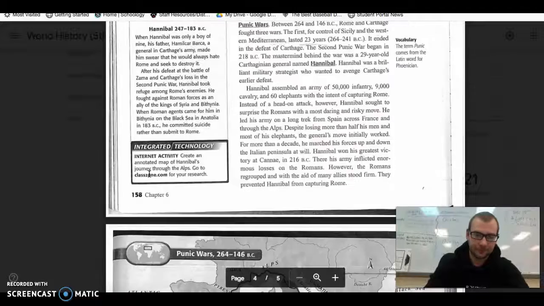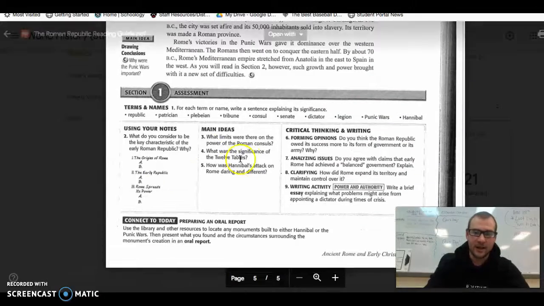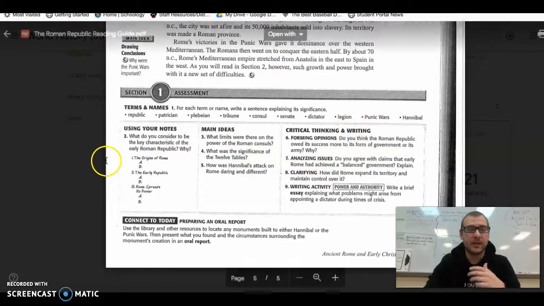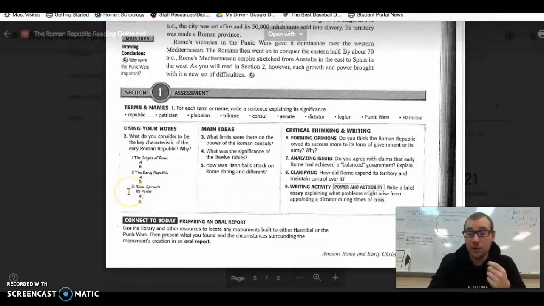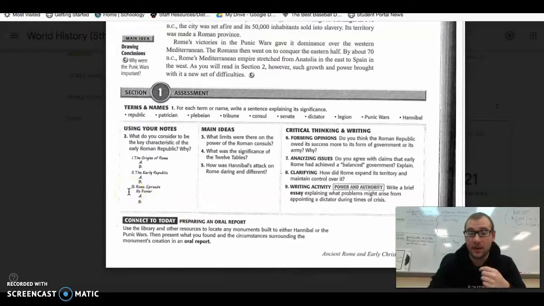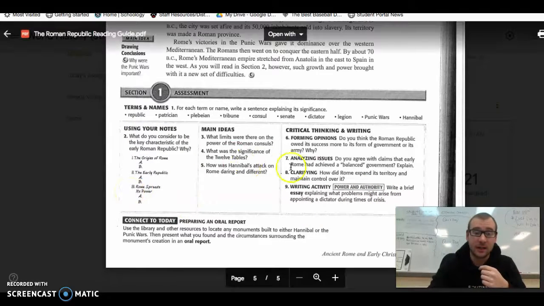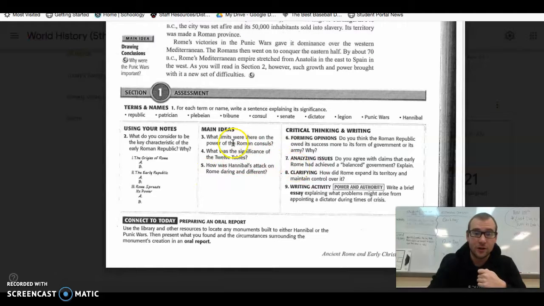So go through it, read it, and then you just got to answer the questions on the back page. Now we always skip number 2, and we always skip number 9. There's a million different ways you can turn this in. The most common way is people just setting this up on a Google Doc and then turning it in.